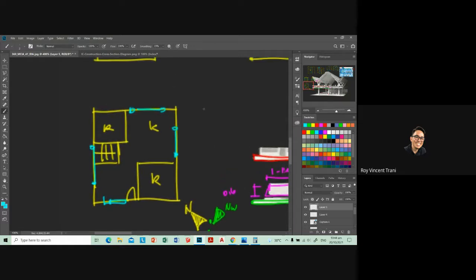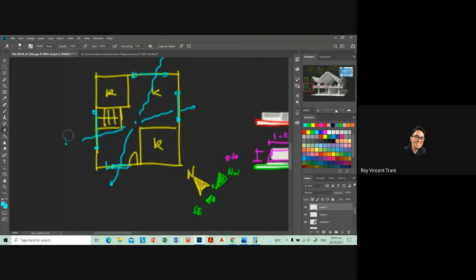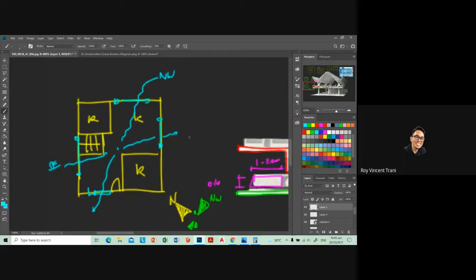With that, you have wind coming here, crossing over to the other side, and you have another wind, southwest, coming here, crossing the northwest wind, to the southeast, sorry. So this is where cross ventilation occurs.